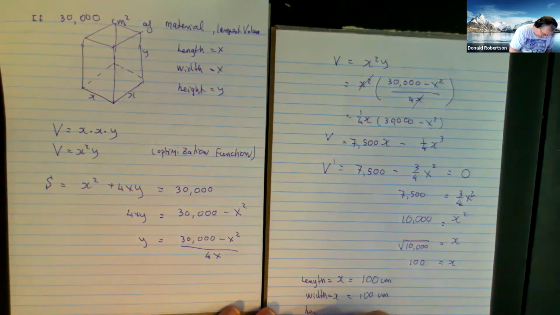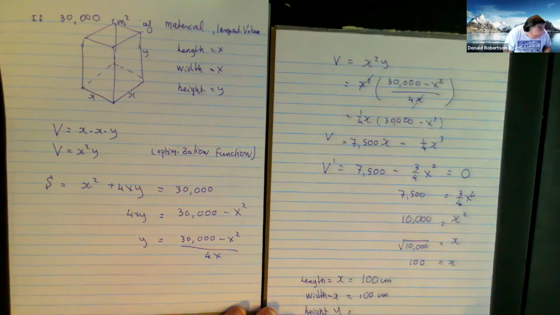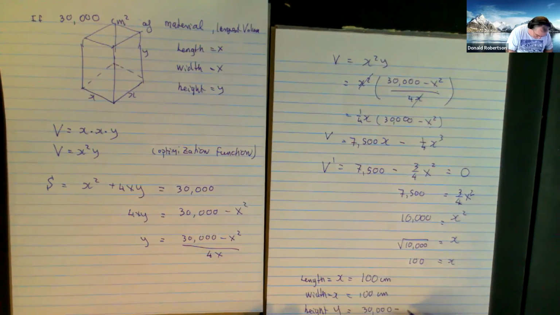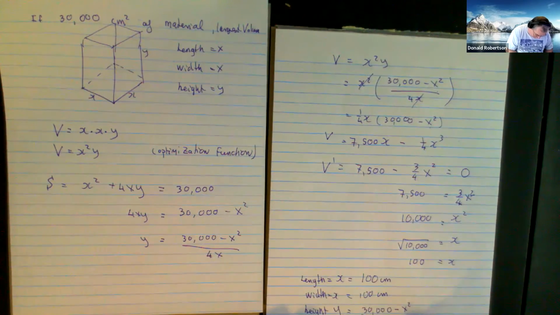And the height, that's a little bit messy, but the height is called y, and y is 30,000 take away x squared all over 4x. So that's going to be 30,000 take away 100 squared over 400.